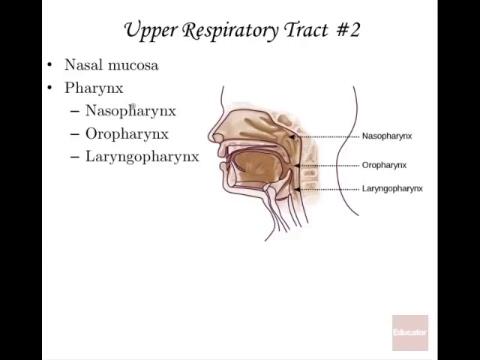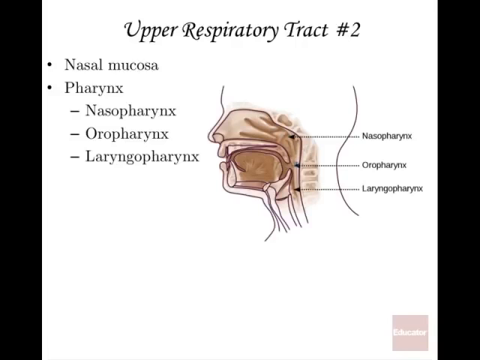The pharynx, also known as the throat, we can separate into three different parts. And here they are from top to bottom, superior to inferior. The nasopharynx is the part of the throat that's adjacent to that nasal cavity or nasal conchae that you can see in here. So here are those, or at least a part of those little twists and turns of the ethmoid bone. And so that nasopharynx region is the connection where every time you swallow, you're going to get a little bit of mucus drainage.